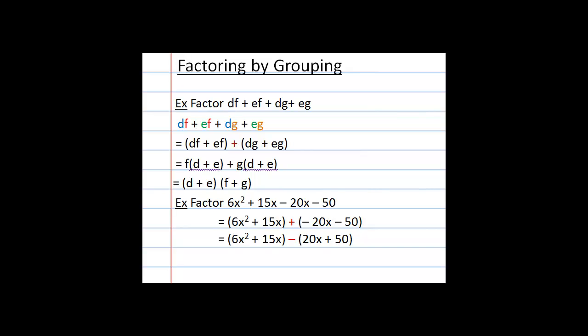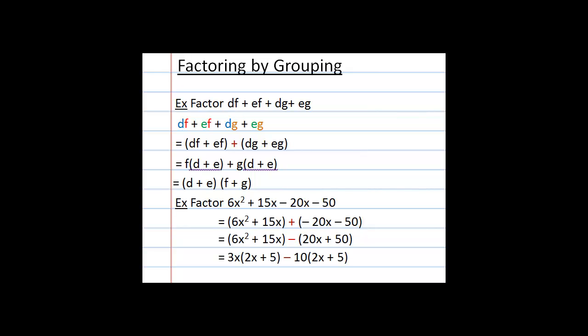And then we're going to look for common factors like we did before. In the first bracket, there's a common 3x that can be taken out. In the second bracket, from 20 and 50, there's a common factor of 10. If I go back to the previous line, we'll notice that if we hadn't taken out the negative, negative 20 and negative 50 have a common factor of negative 10.